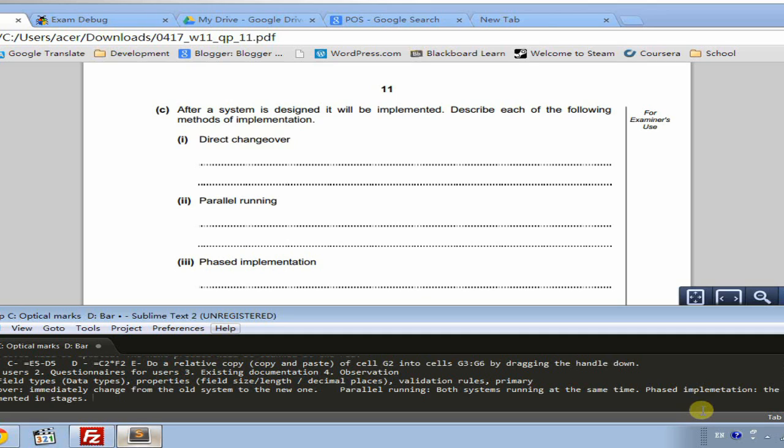So the system is implemented in stages or part by part. That's what it says in the answer key. So the system is implemented in stages.